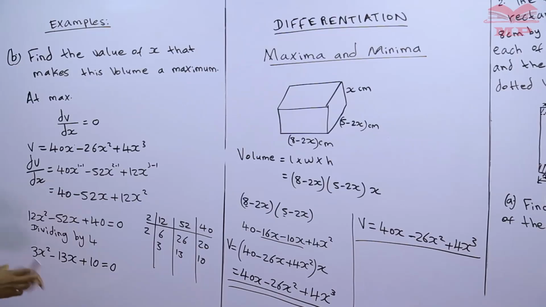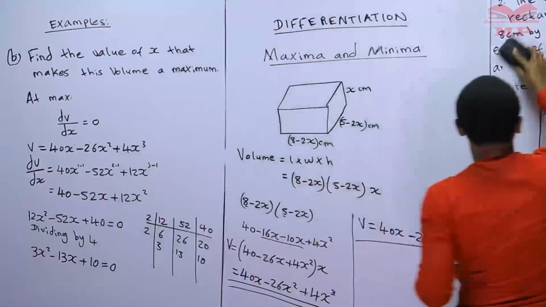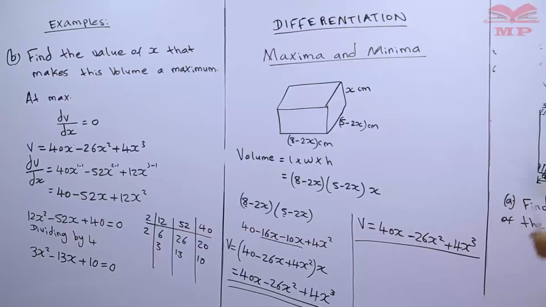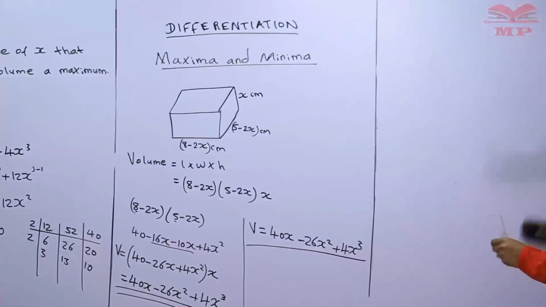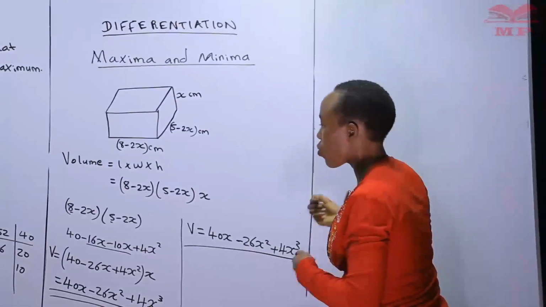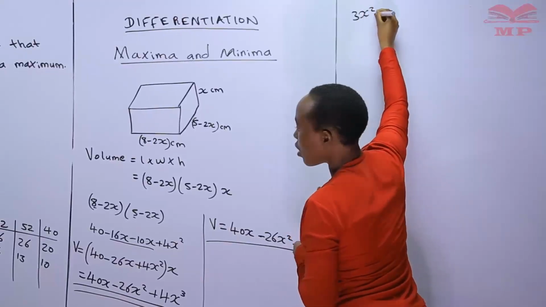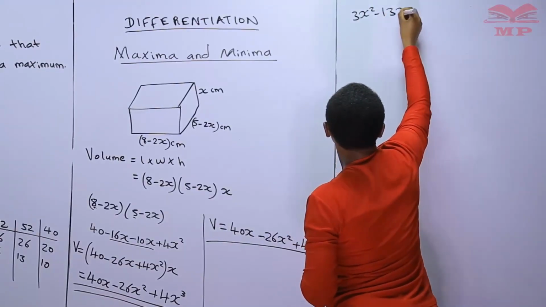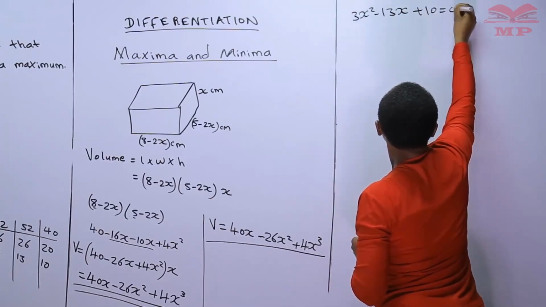So we solve that quadratic equation to get the values of x, and then we are going to get the value of x whereby the volume is maximum. So in this we have 3x squared minus 13x plus 10 is equal to 0.